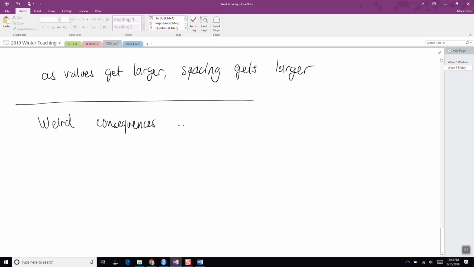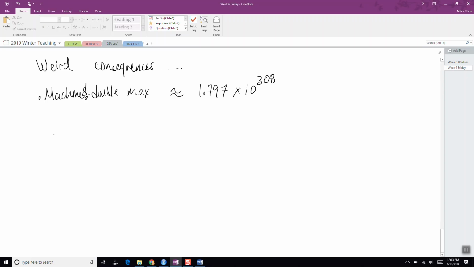So here's a question. The machine max, or double max, whatever it is, is on the order of 1.797 times 10 to the 308 or something like that. What if I just ran a loop and I just wrote while true? We're going to start off with x equal to 1, and I did this.